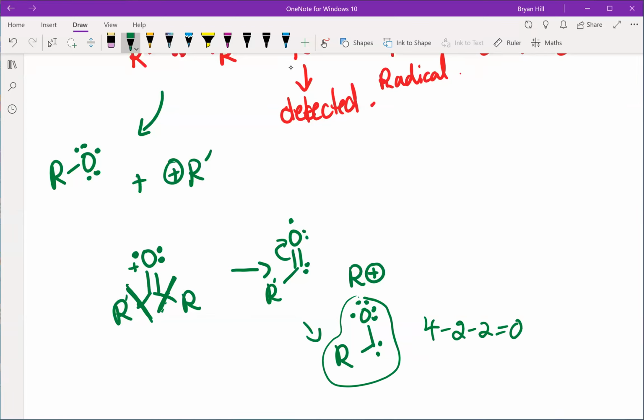But what we'll do is we'll see that with carbonyl compounds, and remember we've got different groups on either side for all our different functional groups, this type of process can take place quite commonly.